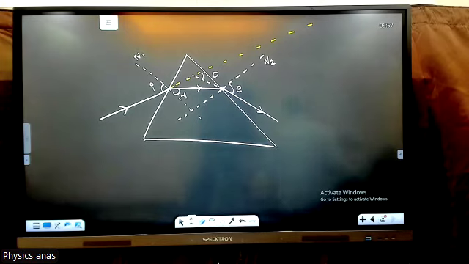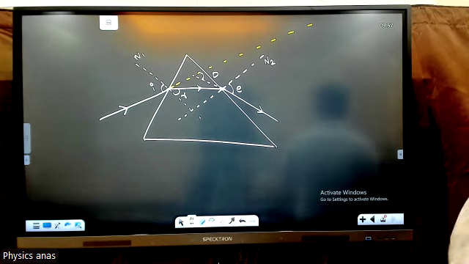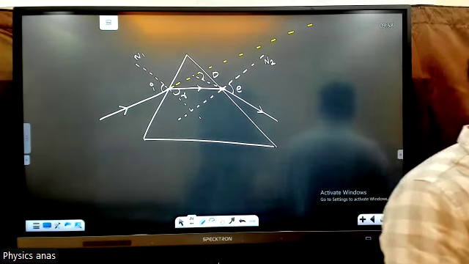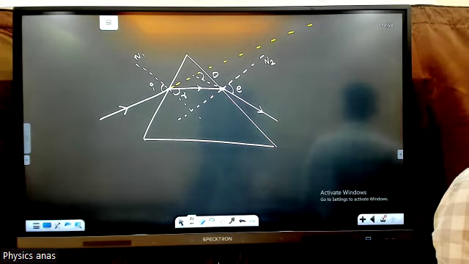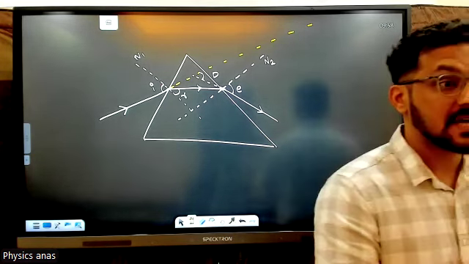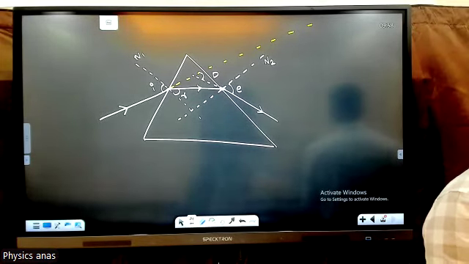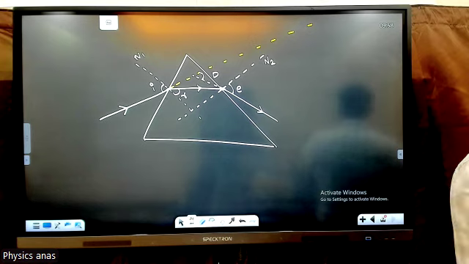Okay. Then we studied the spectrum of white light. What was the spectrum of white light? Different bands come together to make white light. In white light, there are 7 component colors.